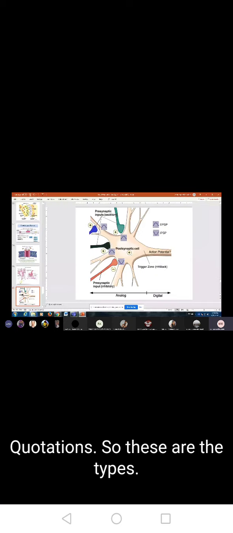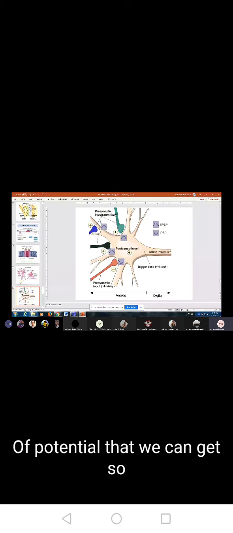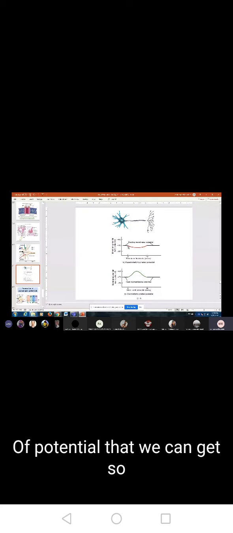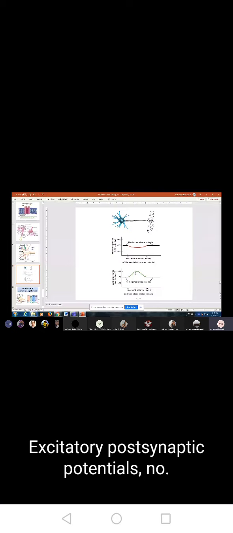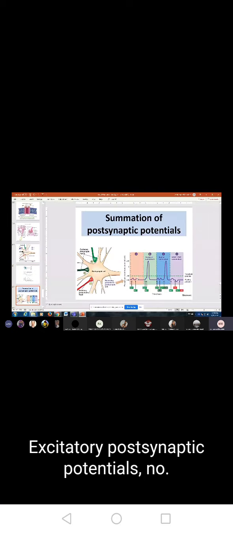So these are the types of potential that we can get: hyperpolarizations, which are called inhibitory postsynaptic potentials, or depolarizations, as you see, but not action potentials again, which are called excitatory postsynaptic potentials.